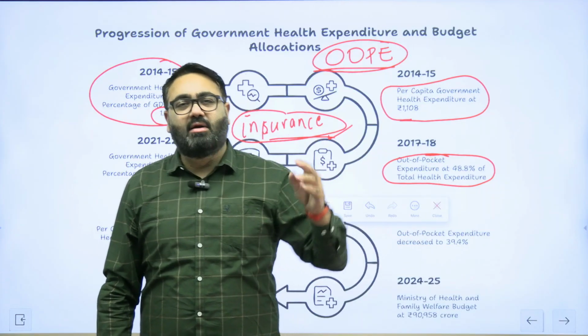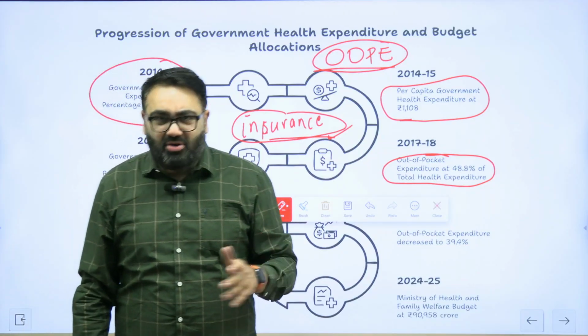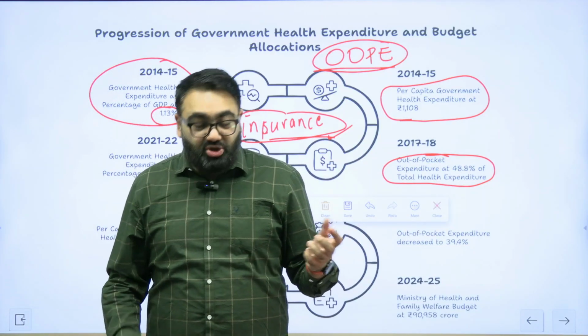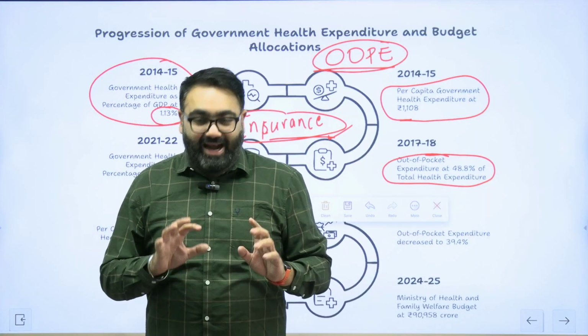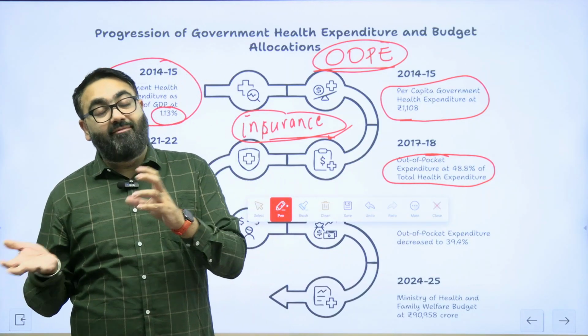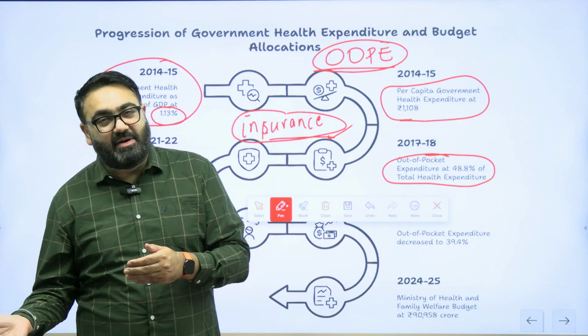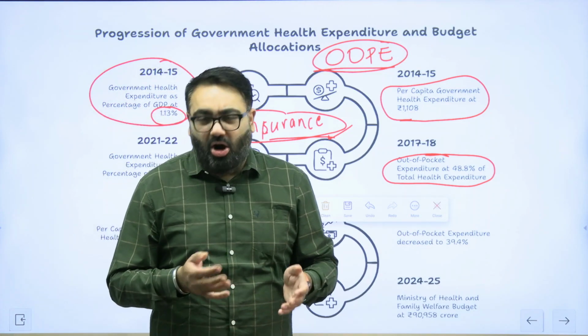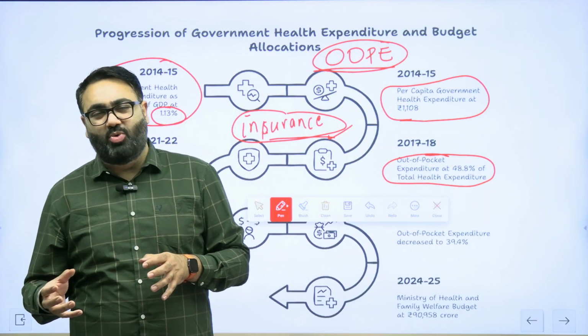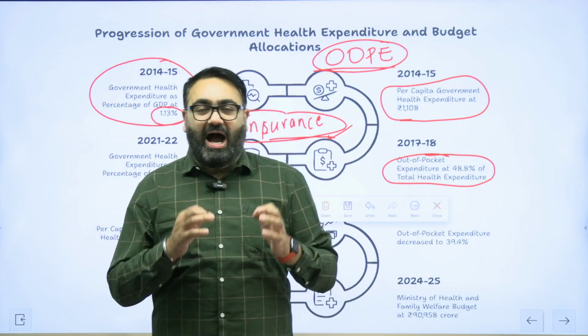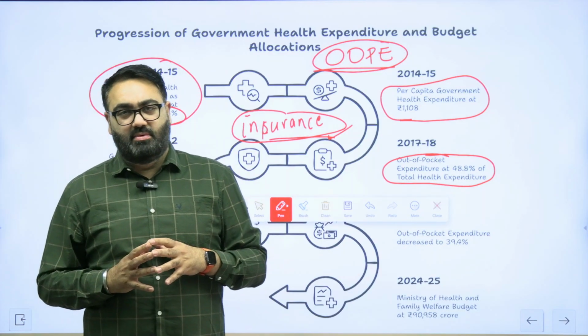They may cover a large part of it, but some part of it may not be covered. So the remaining part that you have to pay from your own pocket, it may be 100%. If you have not taken insurance, then 100% expenditure will be from your pocket. Or if you have taken insurance, maybe they give a part of it, and the other expenditure you are doing on your own. That is called out-of-pocket expenditure.